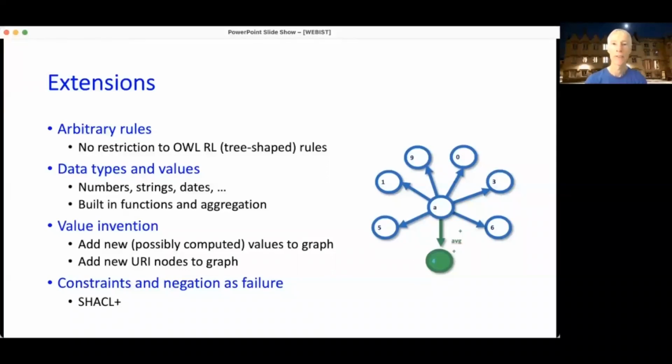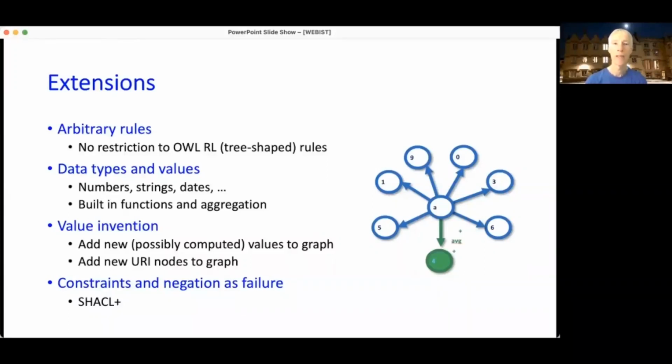Aggregation functions such as sum and average are also important. None of this is very difficult or interesting from a research point of view, but it requires a considerable amount of engineering effort. Another issue was value invention.